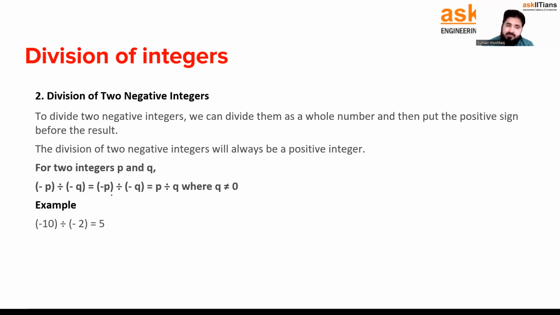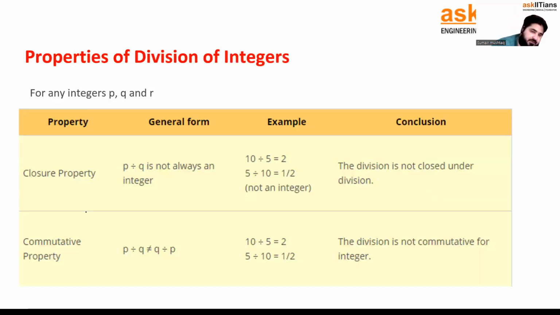Same as the property of multiplication, when you have two negative integers, then it will be positive, right? You can see -10 divided by -2 is 5. Same multiplication property. Now it has certain limitations. It does not obey the closure property. Let us suppose you have 10 divided by 2, that is 5, isn't it?